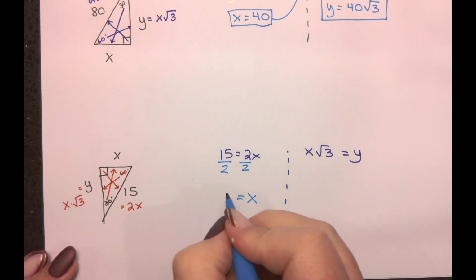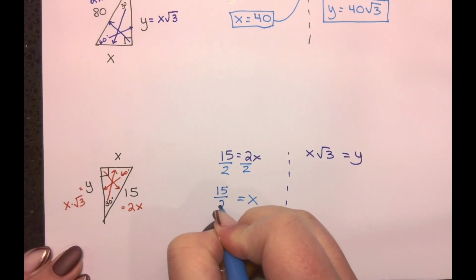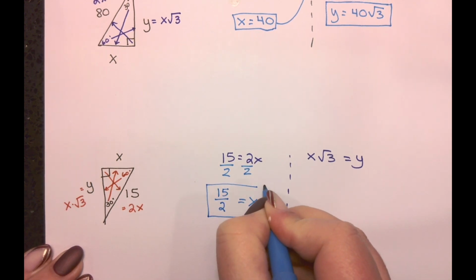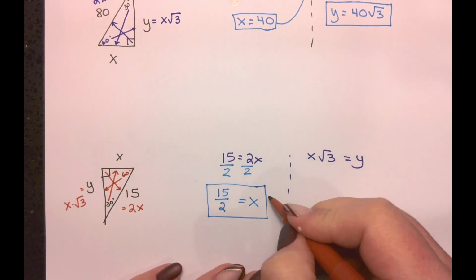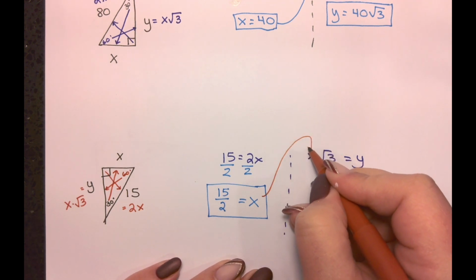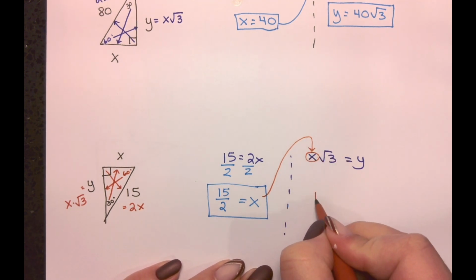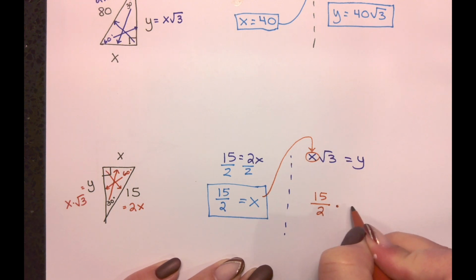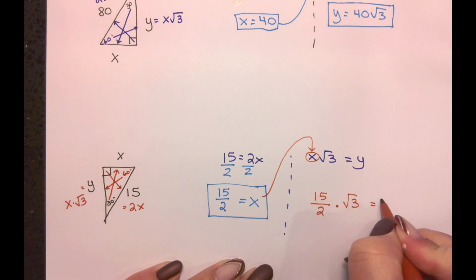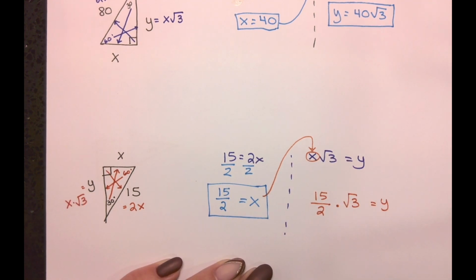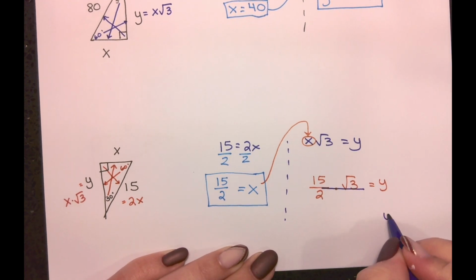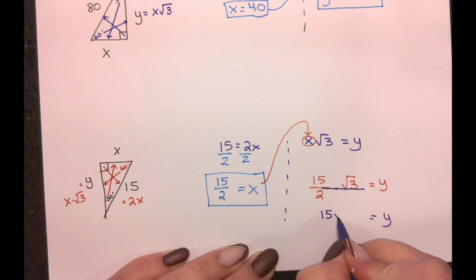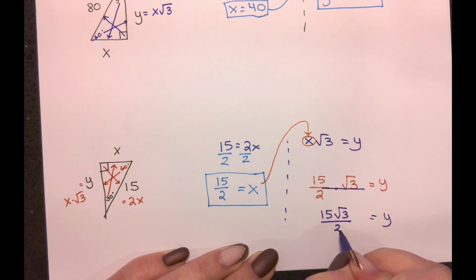So you have to keep it as a simplified fraction or a whole number. So we're going to take that 15 halves, place it in for x. Now when you write this out, all you have to do to multiply is just place that root 3 on top. We got 15 root 3 divided by 2, like that.